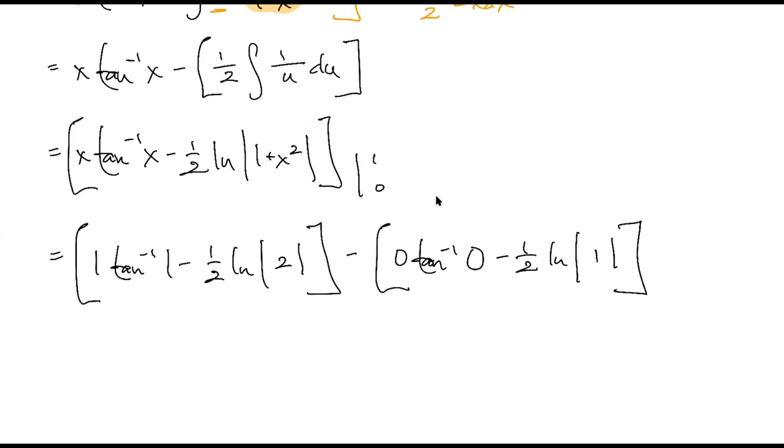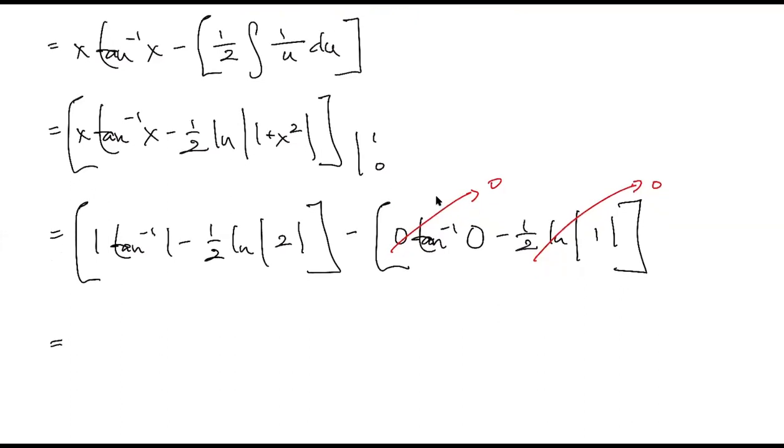So 0 times this is going to give me 0. Natural log of 1 is also 0. Natural log of 1 equals 0 is a really good thing to help us simplify a lot of things. So our whole second term goes to 0.